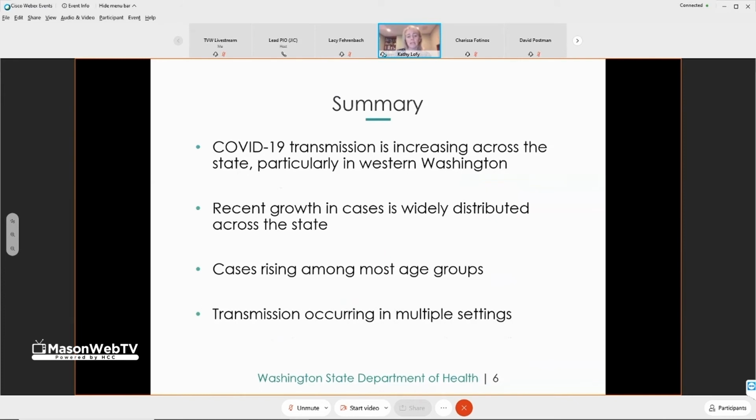So in summary, COVID-19 transmission is increasing across the state, but particularly in Western Washington. The recent growth in cases is widely distributed geographically, but also distributed among age groups as well. And transmission does continue to occur in multiple settings.